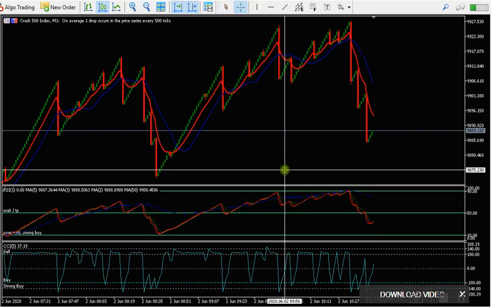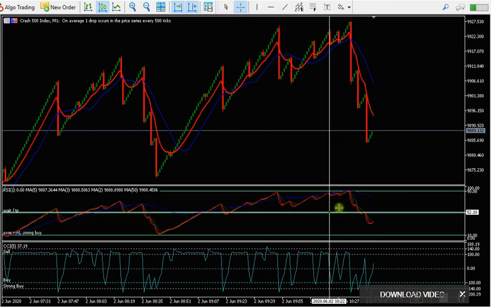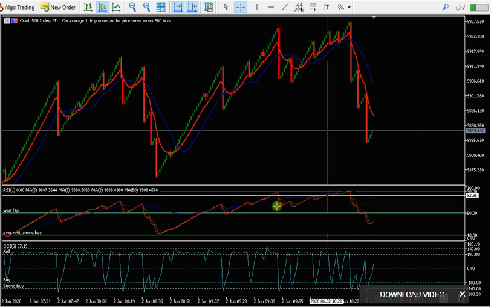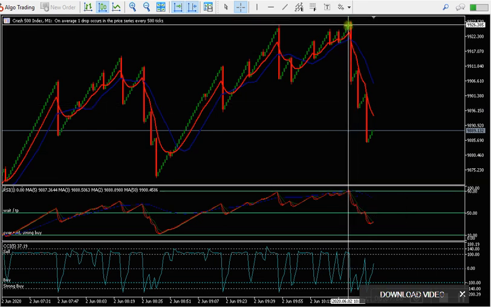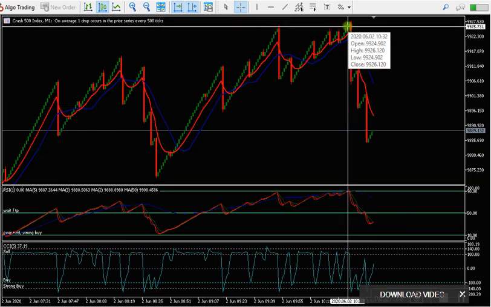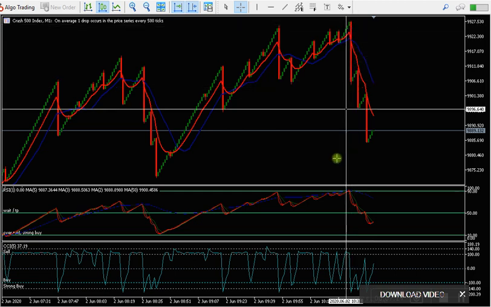So for instance, we had a condition here which occurred. So you had the blue line meeting with the band here. So you see it actually met about 2 candles before a spike occurred. So you would actually place a trade somewhere there. It would have gone up and then it would actually have come down.